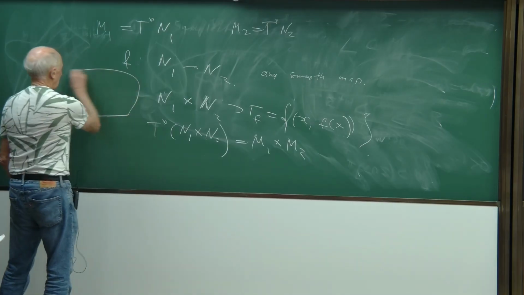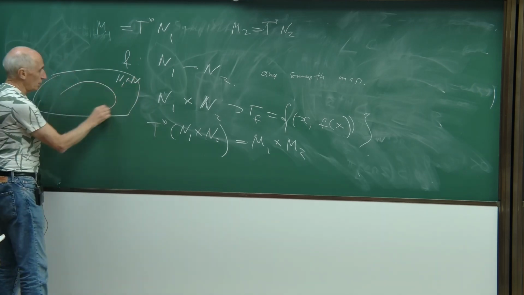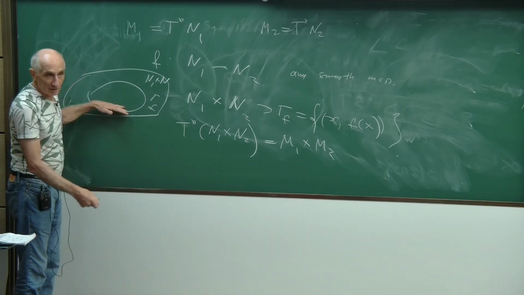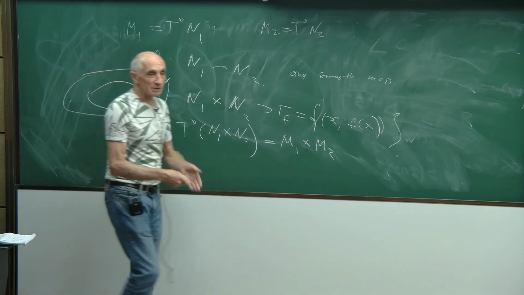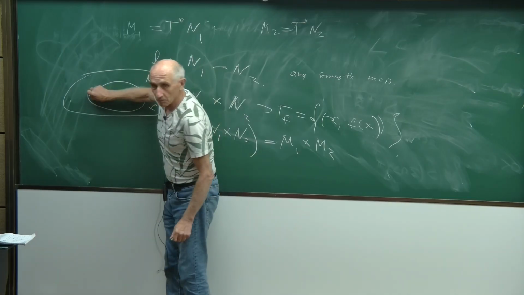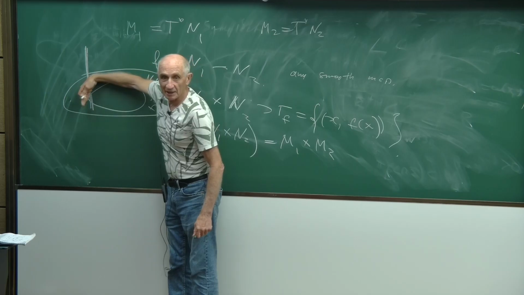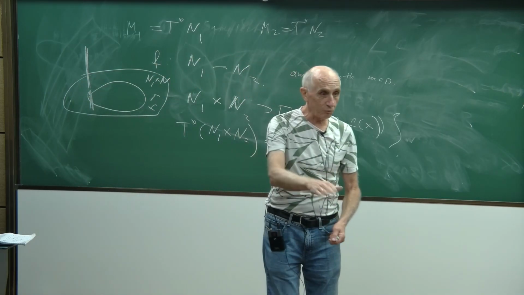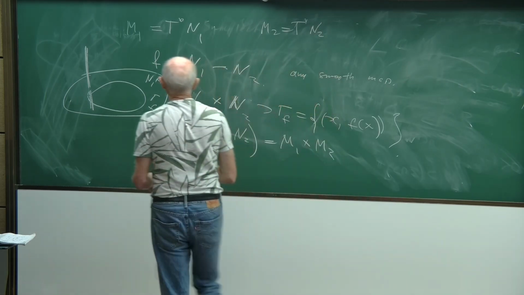So inside N1 cross N2, you have this graph, which is a submanifold. For this submanifold, you take what is called the conormal bundle. That means that at every point, you take in the fiber all the forms which annihilate the submanifold.